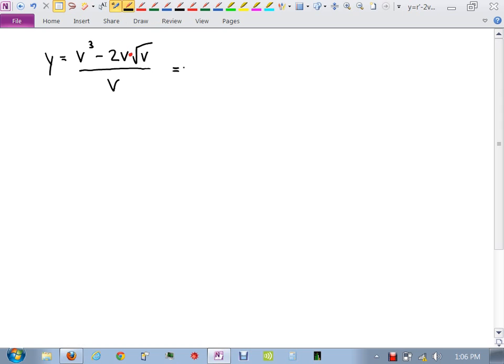However, if you recognize that 2v square root of v is the same as 2v times v to the 1/2, over v. So I haven't done any derivative yet, right? What's v times v to the 1/2? You add the exponents, right?